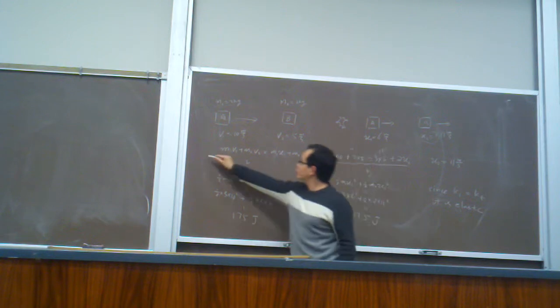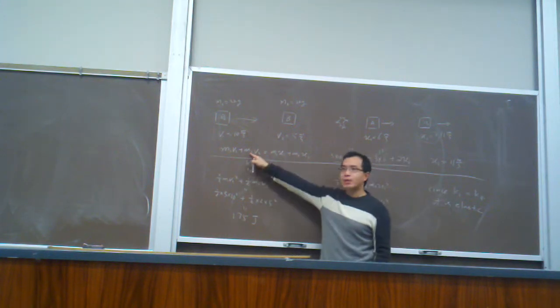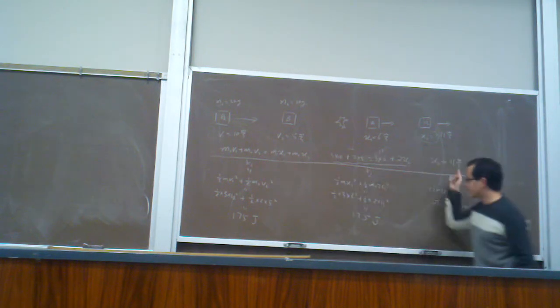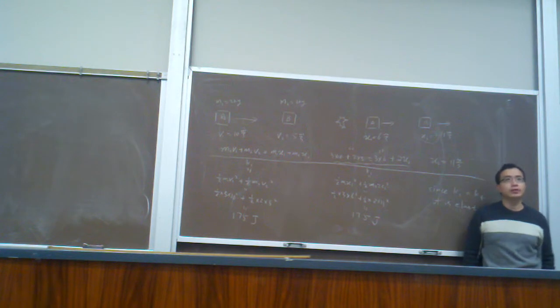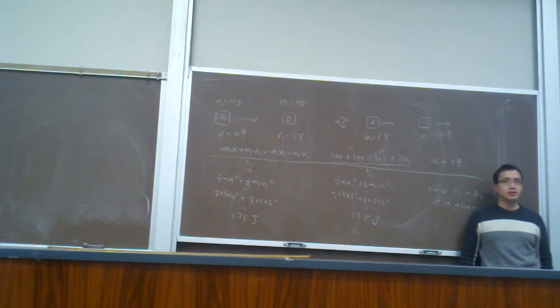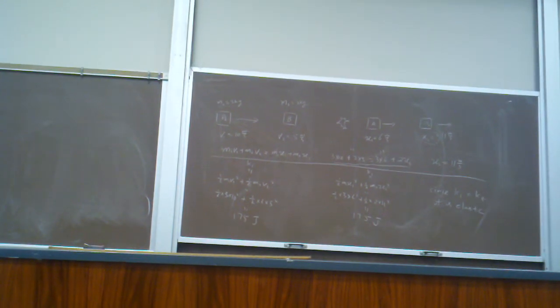So you have to solve for u2 from momentum conservation first, and then you can calculate the final kinetic energy. Any questions here? And please remember that you can always use momentum conservation for any collision process.